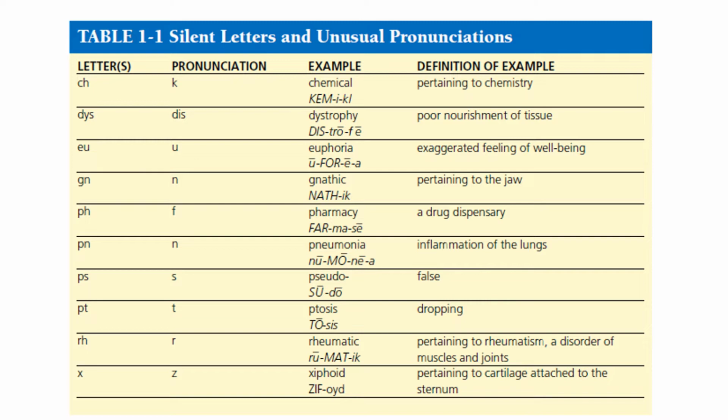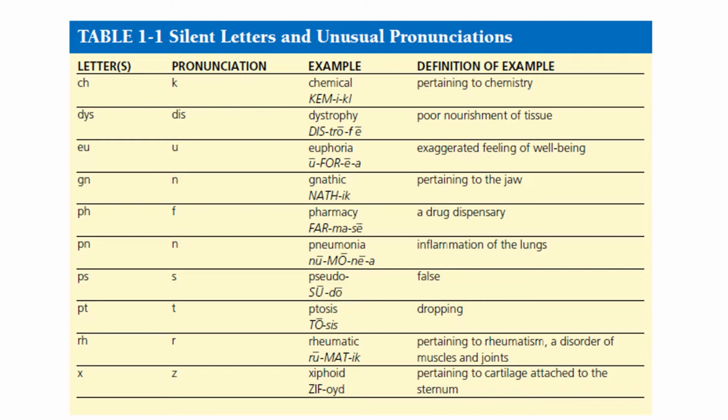The letters C and H are pronounced as the letter K, as in chemical, which means pertaining to chemistry. Chem, chemi, chemic, means chemistry, and al means pertaining to.